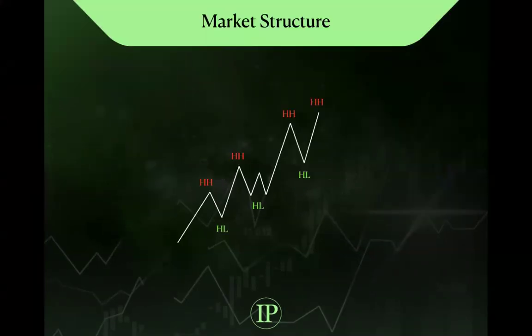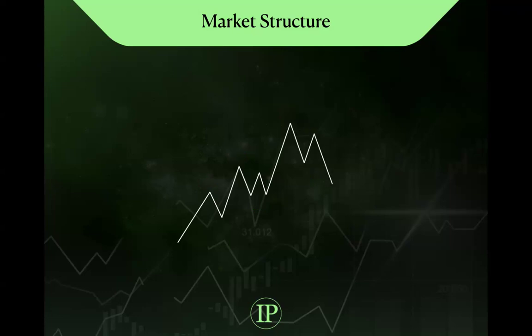market structure, we can basically see, if we start off from the beginning, an uptrend consists of higher highs and higher lows. In order for price to go higher, it needs to break a previous high, okay? And in order for price to stay bullish, all the higher lows need to remain intact and not broken, okay?